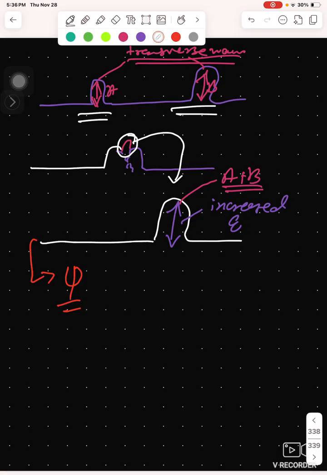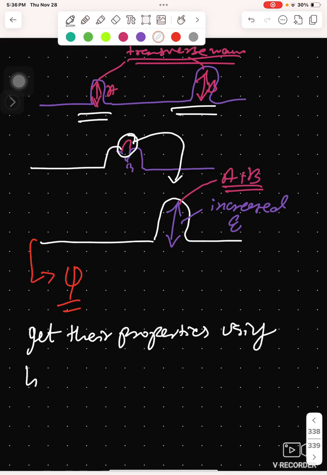Even so, using the Schrödinger equation, we get the wave function of that position and their properties, using iħ d/dt.